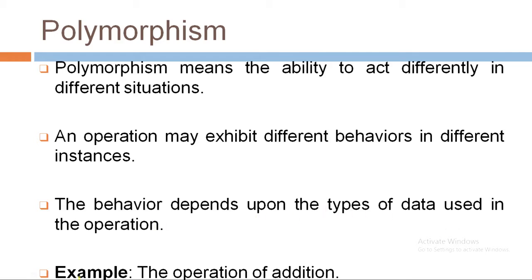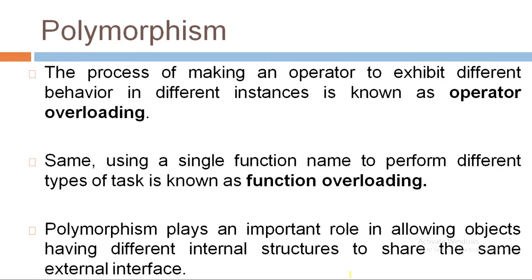An example of polymorphism is the addition operator. The addition operator can be used to add two integer numbers. At the same time, the polymorphism concept in C++ provides the ability to add two different variables of type string, or two different objects of the same class. So it is known as polymorphism.